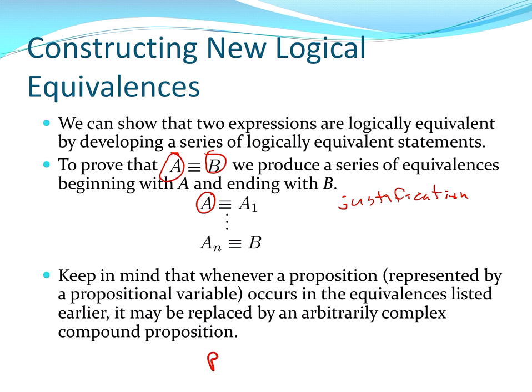For example, when we have P implies Q, and we already know that it's logically equivalent to the negation of P or Q, if we see an implication and the left-hand side happens to be a very complicated compound proposition, as long as we block replace these with those exact compound propositions, we're fine to do the replacement. And the same would go for the other argument in this identity.